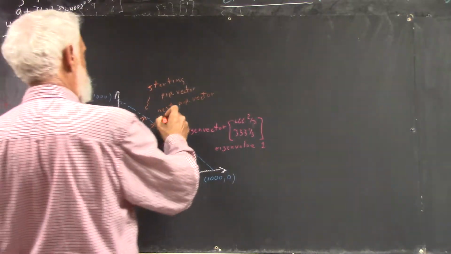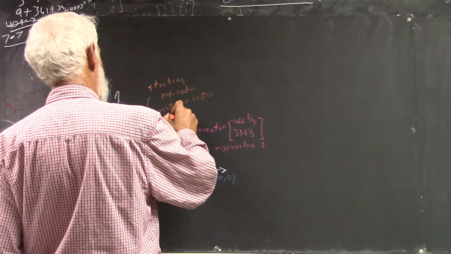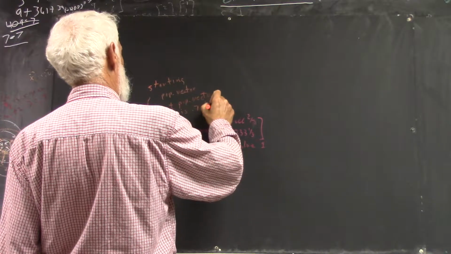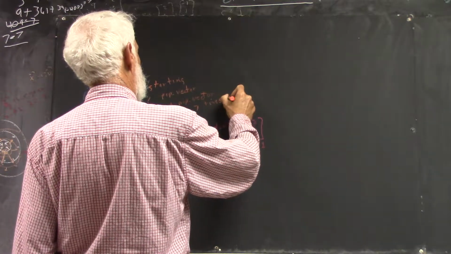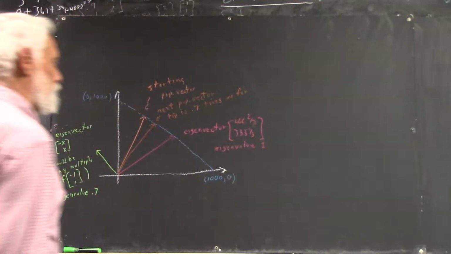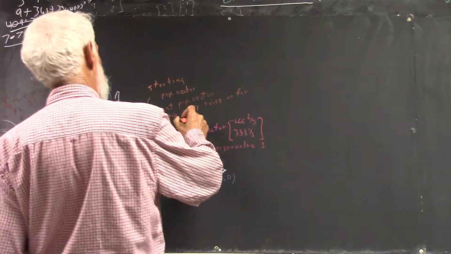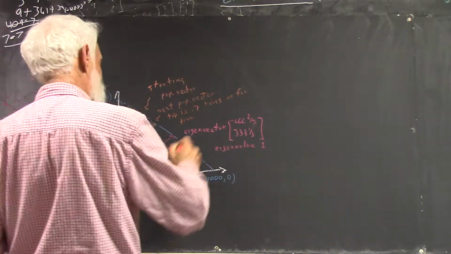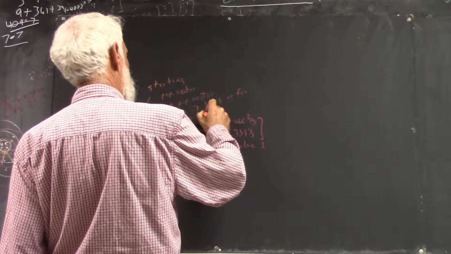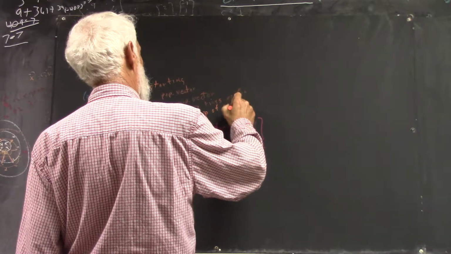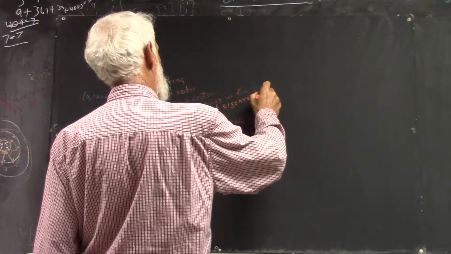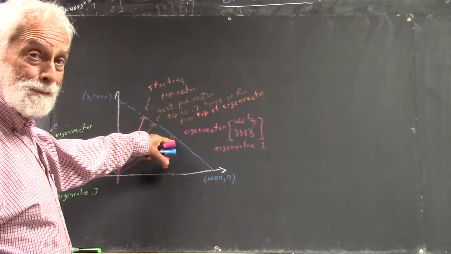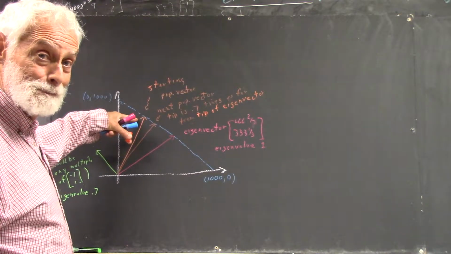And the tip is 0.7 times as far, 0.7 times as far from the tip of the eigenvector as the tip of the original vector.